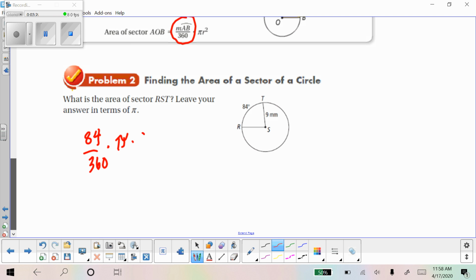Our r in this case is 9. 84 over 360 simplifies to 7/30ths, and 9 squared is 81, and then we do that times pi. 7/30ths times 81 equals 189 over 10 when written as a common fraction, times pi.